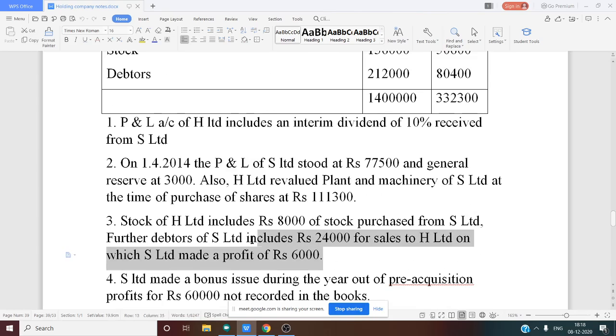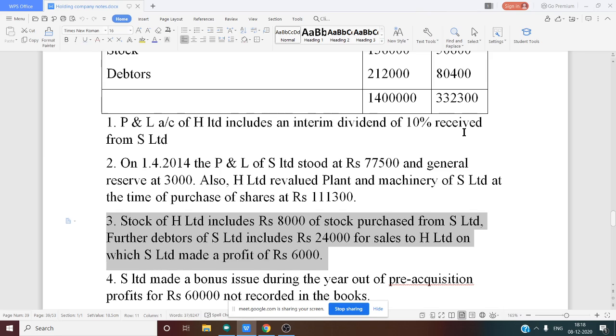Then you see the third adjustment is the stock of holding company. H Limited, the holding company, includes 8,000 of stock purchased from S Limited. So this is nothing but an intercompany transaction.